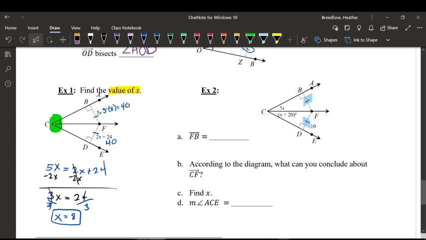So here, since we know that these segments are congruent, FD is congruent to FB. What is FB congruent to? Well, FB is congruent to FD. And since FD is 10, then this side also has to be 10.